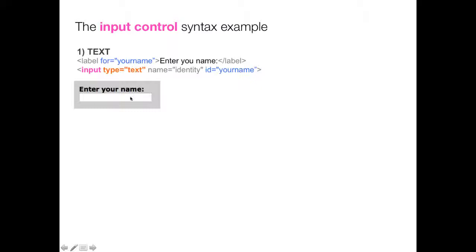And that's because the web designer has created a link between the phrase and the text field by using the same value for ID and for. And the value happens to be just a random word such as your name. Okay?